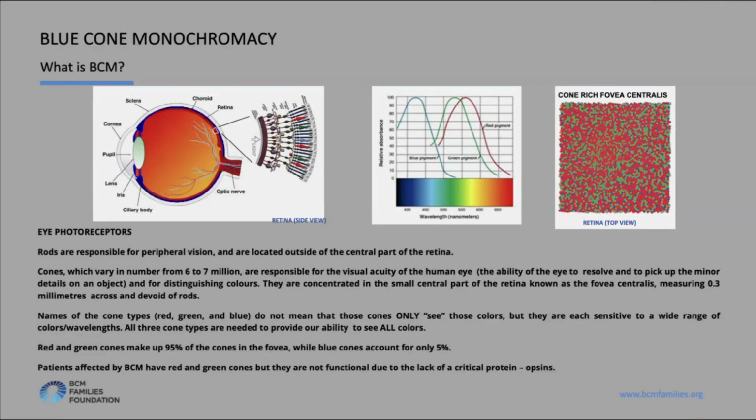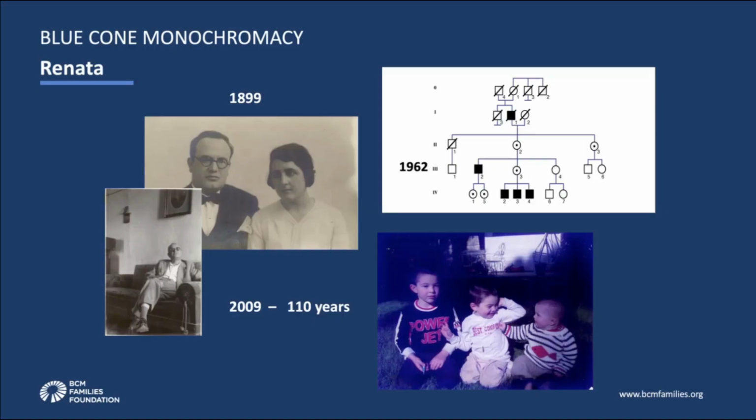In the retina, there are photoreceptors, and patients affected by BCM have red and green cones, but they are not functional due to the lack of critical proteins, the opsin proteins, the ones we are speaking about today. This means that the central vision of people affected by BCM, the daylight central vision, is due only to blue cones, which are only 5% of the cones in the retina.